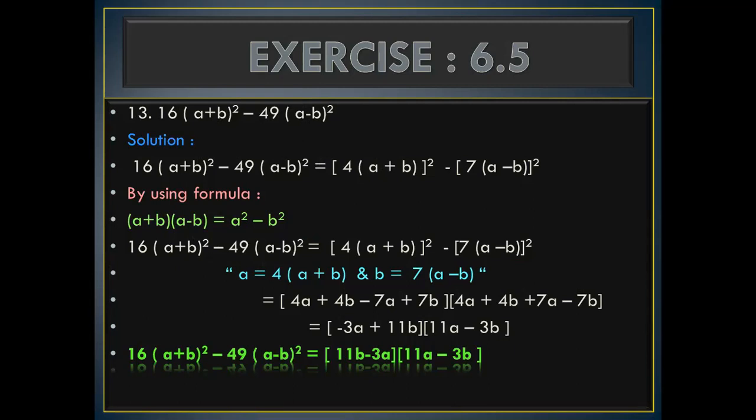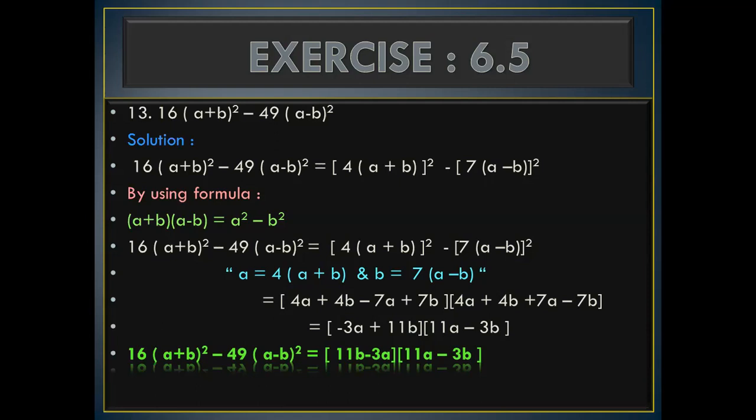So we can write 4 into a plus b whole square and also 7 into a minus b whole square, because the coefficient of a plus b whole square is 16. So that's why when we take the square root of 16, we write within the bracket 4 into a plus b whole square and 7 into a minus b whole square.